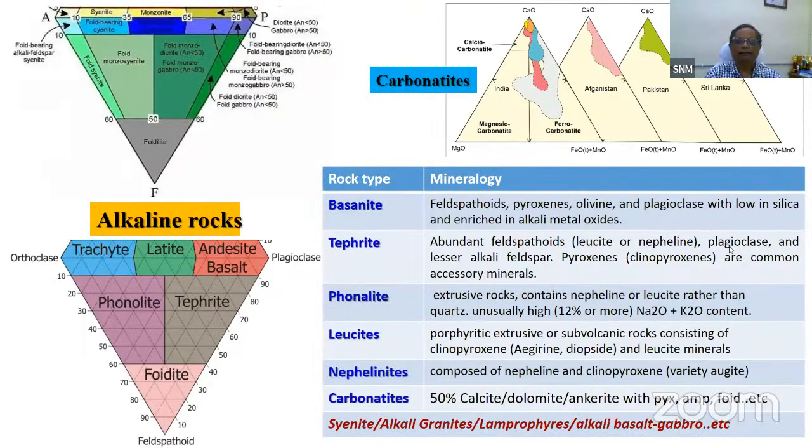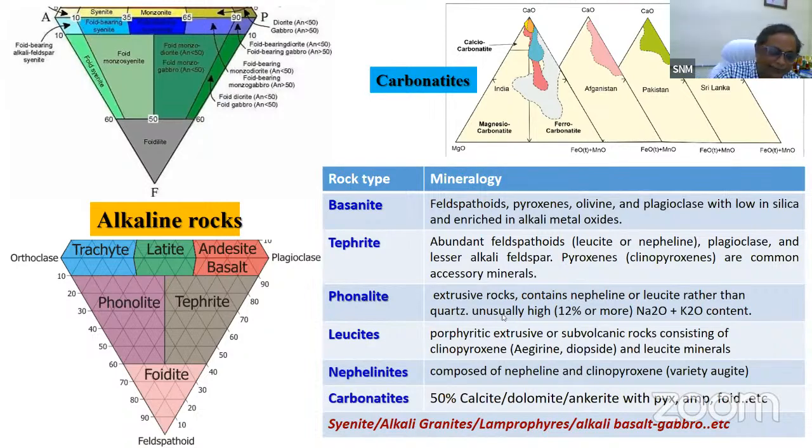And if I come to the mineralogical aspects, the upper part, the AFP diagram, constitutes the plutonic part, and the lower part represents the volcanic part. So different names like trachyte, latite, andesite basalt, phonolite, tephrite, these are the volcanic alkaline rocks, and these are silicates.